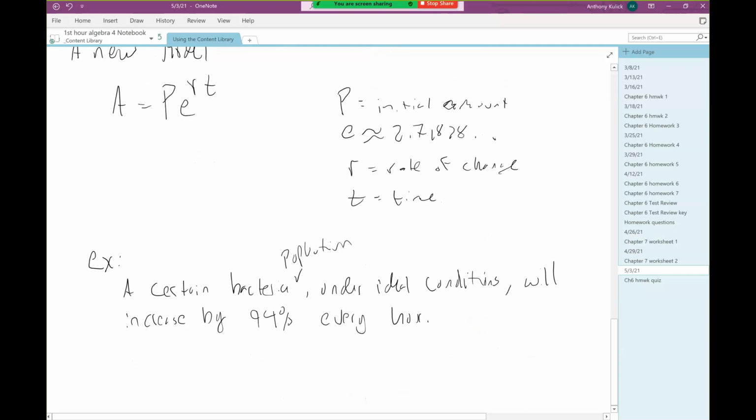So let's say that we have a certain bacteria population that under ideal conditions will increase by 94% every hour.